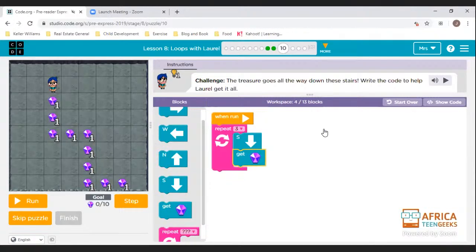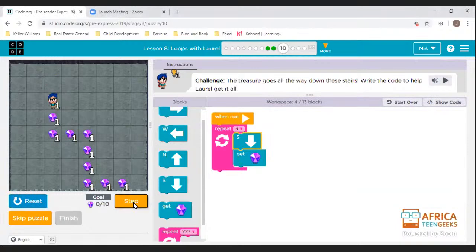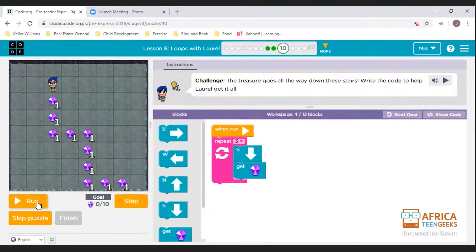Very good, Leo. You are absolutely right. Let's quickly test what Leo said. We will press on step and do it move by move and see if that was right. Step, she picks it up, step, picks it up, south, picks it up. Perfect. So we know that was the right move.